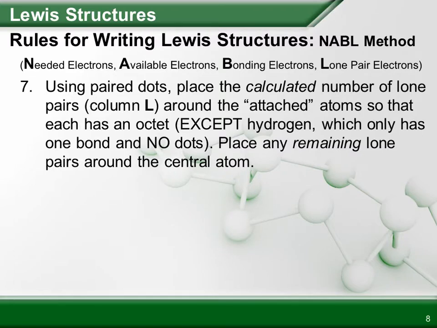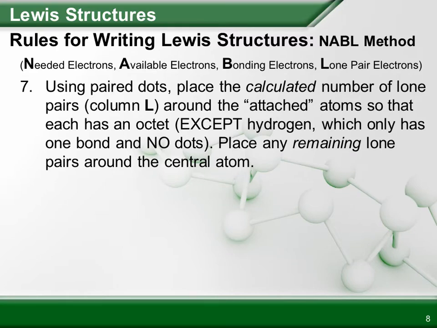Our last step is to use pair dots and place them around the attached atoms first, so that each has an octet except hydrogen, which only has one bond and will have absolutely no dots. Beryllium and boron will also not have an octet, remember, because they are exceptions.